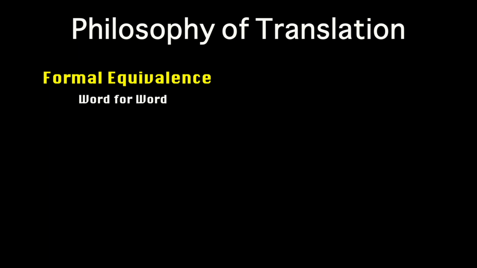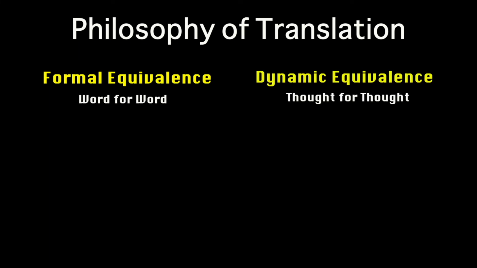This is called formal equivalence. Or on the other hand, you can go for dynamic equivalence, which is you take the thought being communicated through a particular phrase in the original text and ask, what is the best way to say this in English? And that's dynamic equivalence.